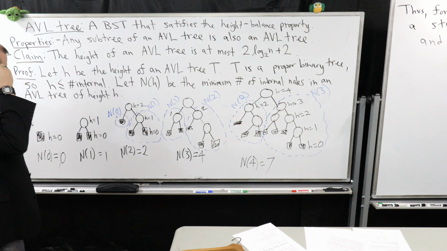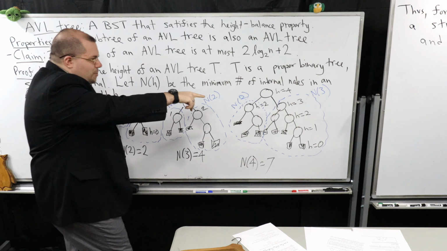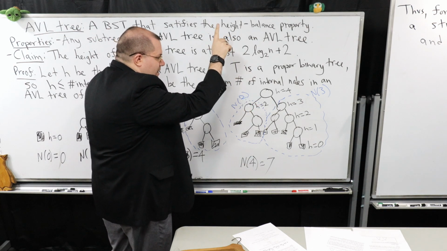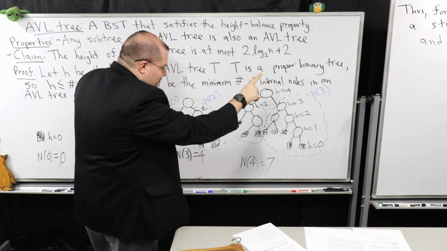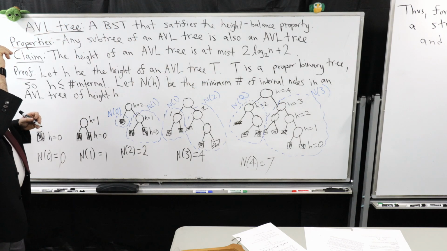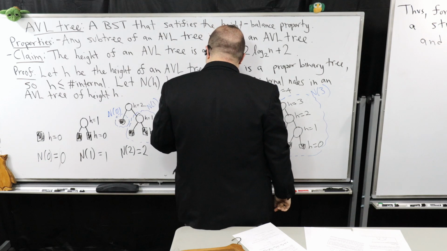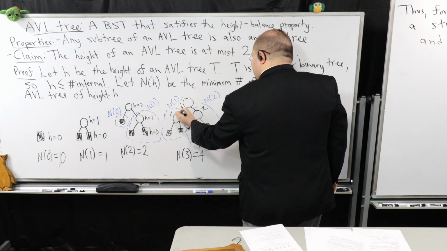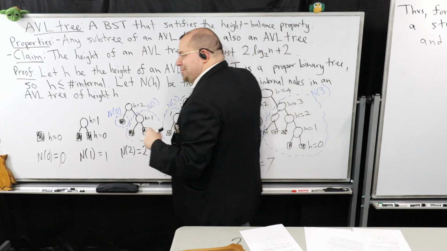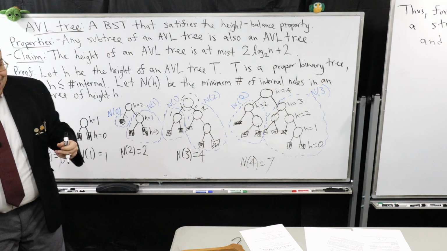Let's think about this. If I were to do the same process again, I would have n of 3 plus n of 4 plus what? Each time I have to include the extra internal node, right? Plus 1, exactly.